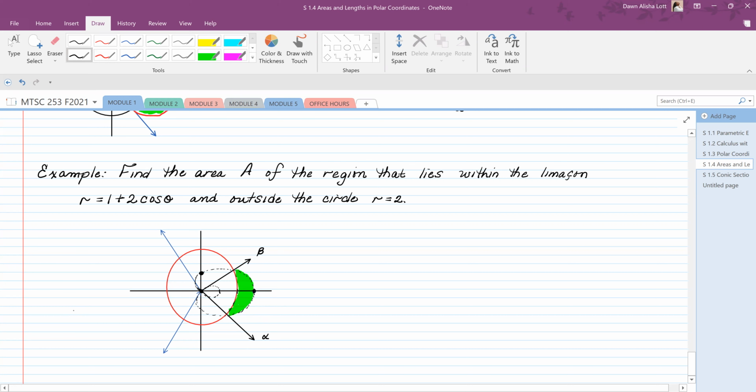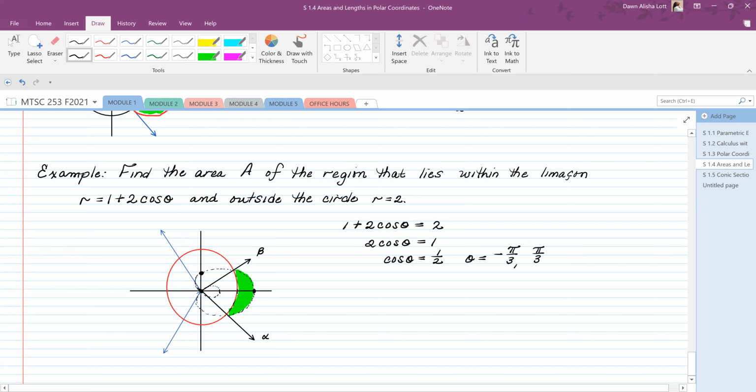All right, so let's set them equal. So we get 1 plus 2 cosine theta has to equal 2, or 2 cosine theta has to equal 1, or the cosine of theta is a half. So that says theta is equal to negative pi over 3 and pi over 3.